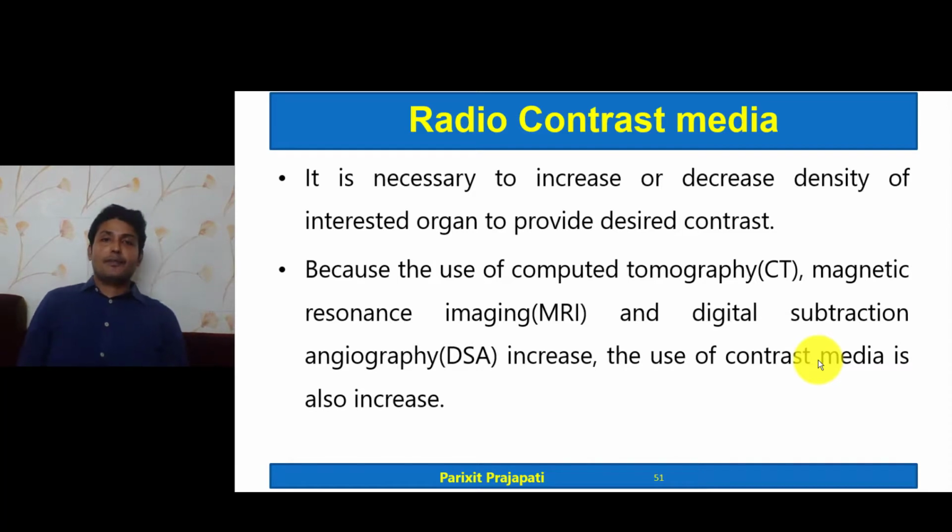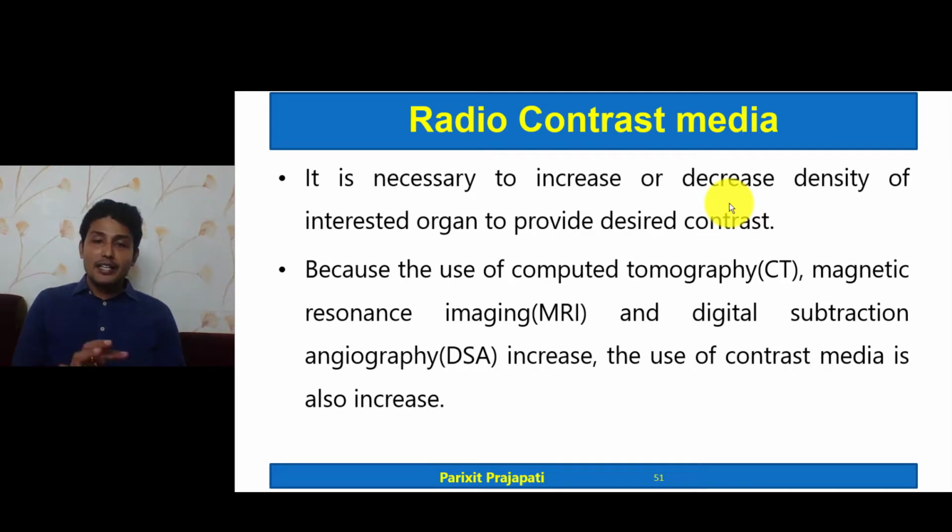Now how do they work? When taking images like in CT, computed tomography, MRI, or digital subtraction angiography, that is DSA, it is necessary to increase or decrease the density of the organ of interest to provide the desired contrast.